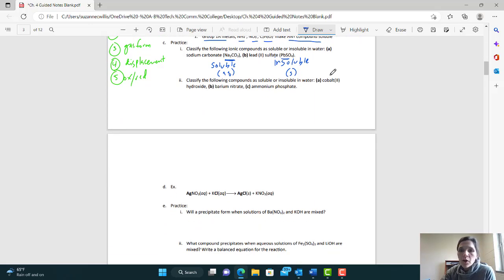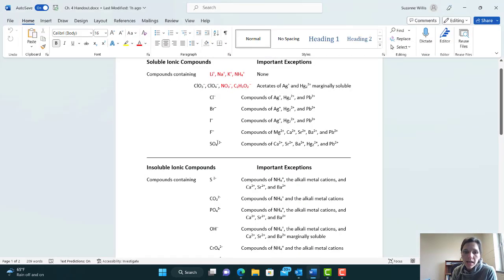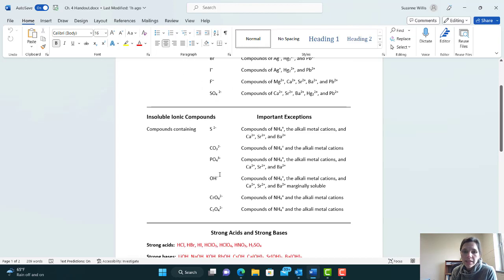Okay, think about these. Cobalt 2 hydroxide. Remember our flip-flop rule from a couple chapters ago. Okay, cobalt is not in a rule, but hydroxide is. Hydroxide is usually insoluble. It will not normally dissolve. Here it's with cobalt. Well, cobalt is not listed, so that means it follows its rule.